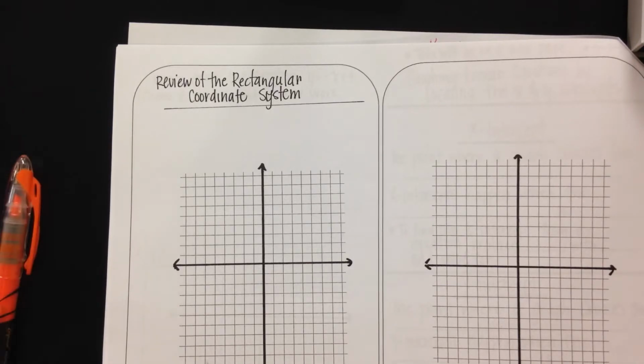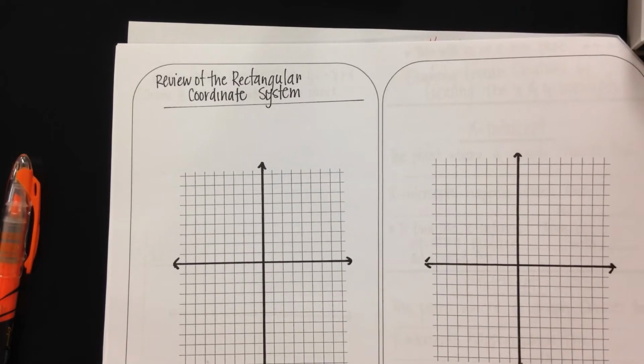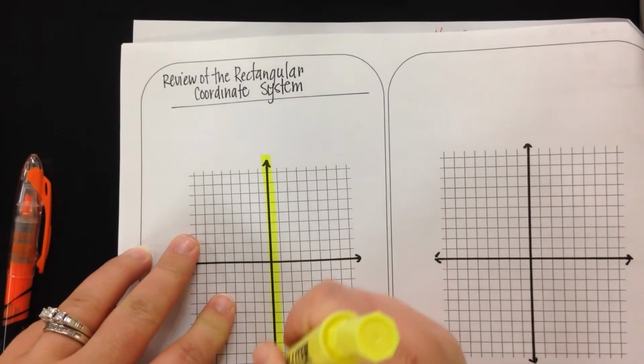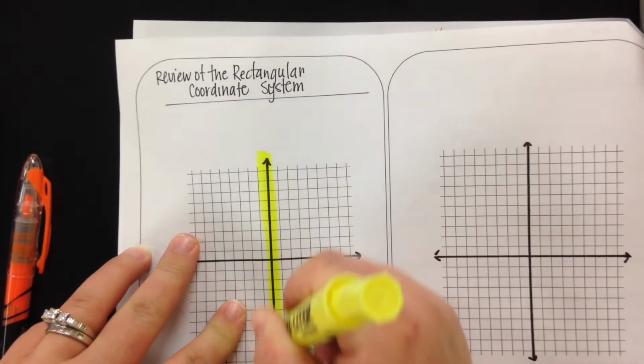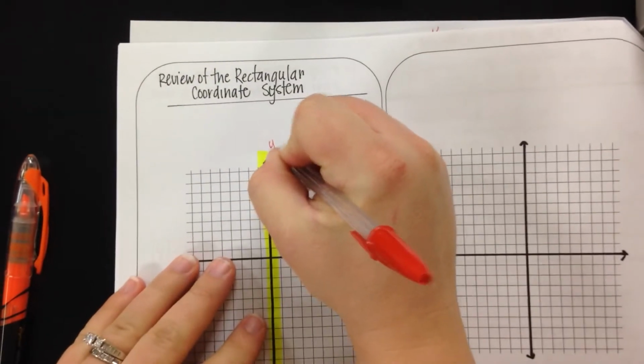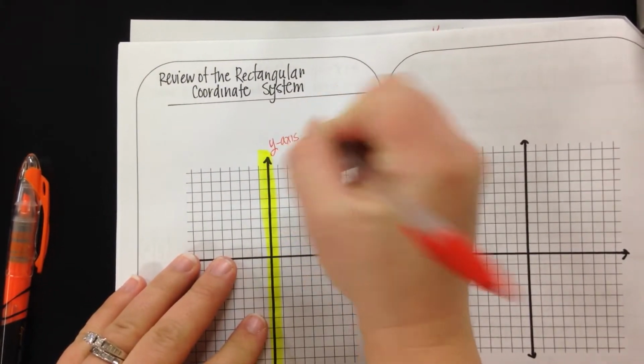Okay. One of the main things that I see students every year get confused on is, what is the y-axis, what is the x-axis? Okay, so this vertical line here, okay, highlight that. This is your y-axis.